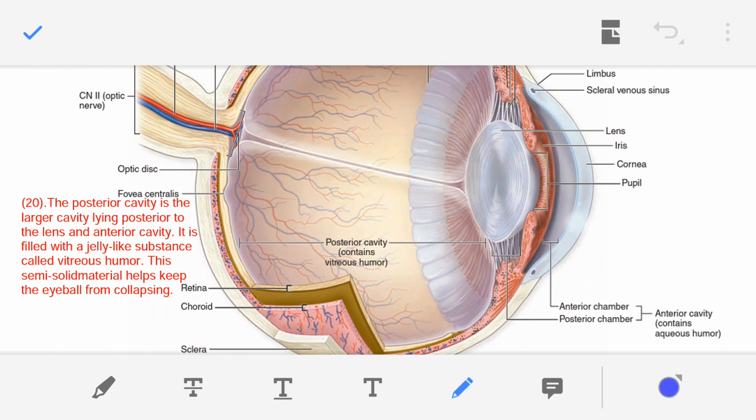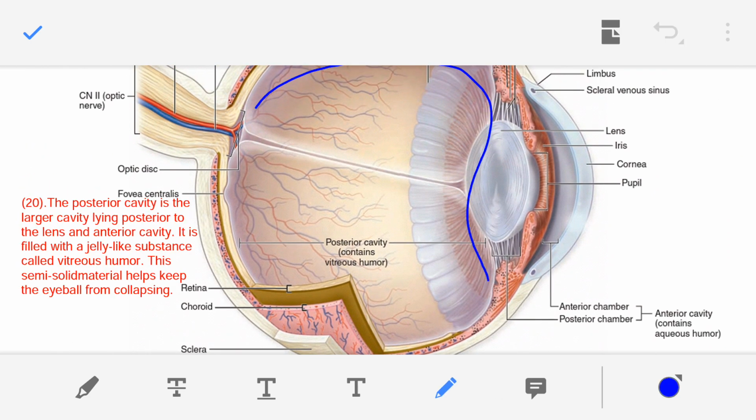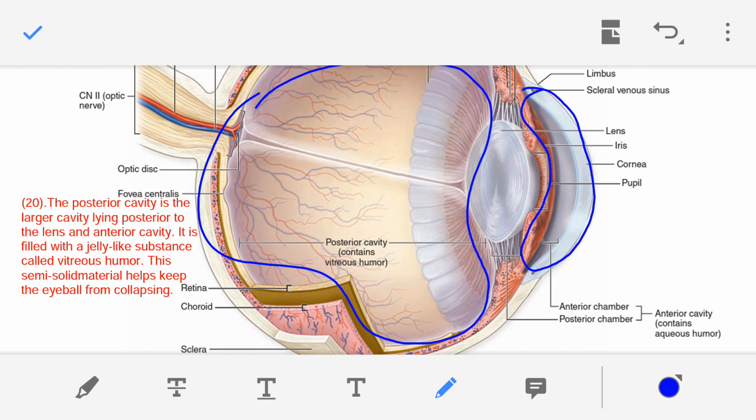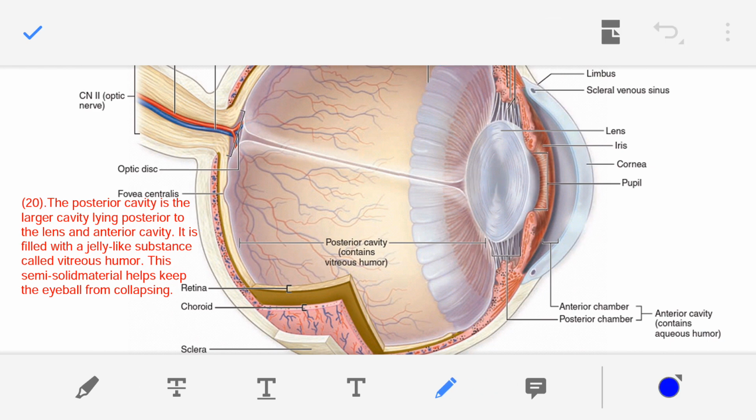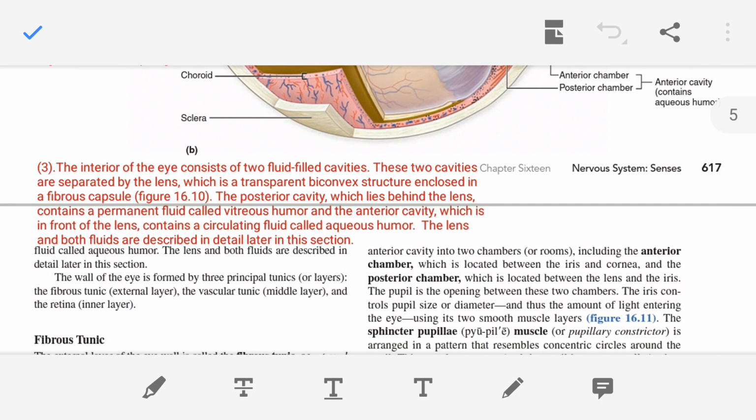For example, over here, this part is one cavity, and this portion is another cavity. Between these two cavities, as you can see, the lens is biconvex. This is a convex surface, this one is a convex surface, so our lens is biconvex.